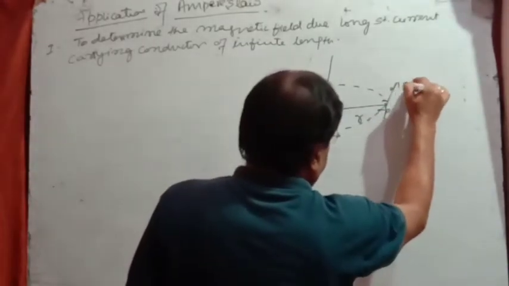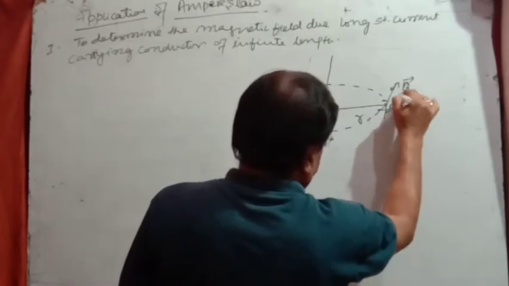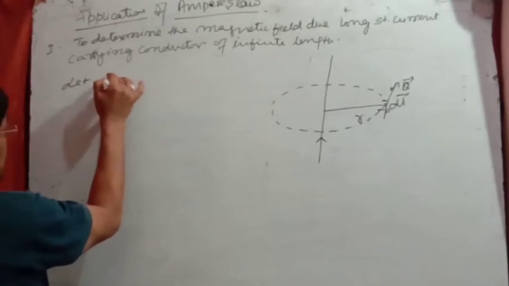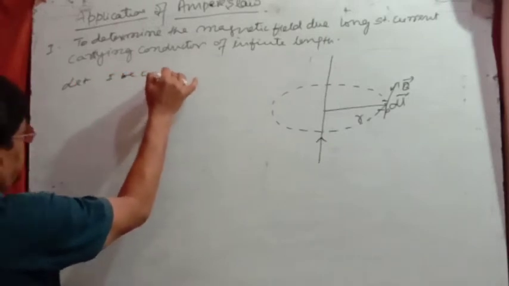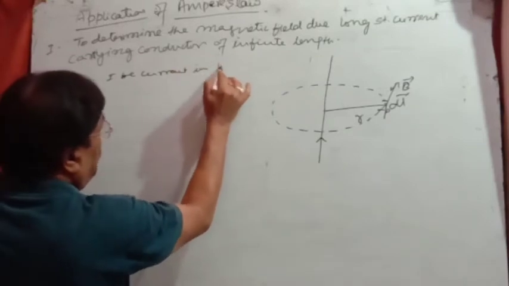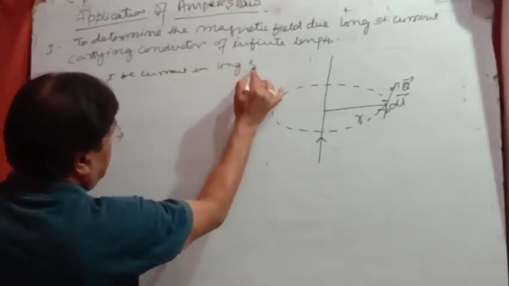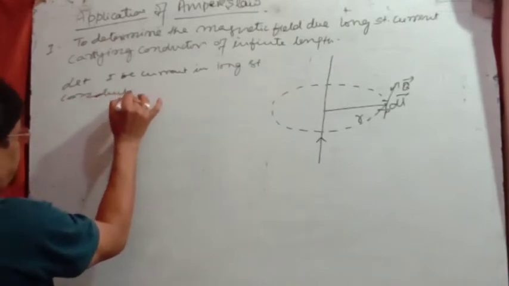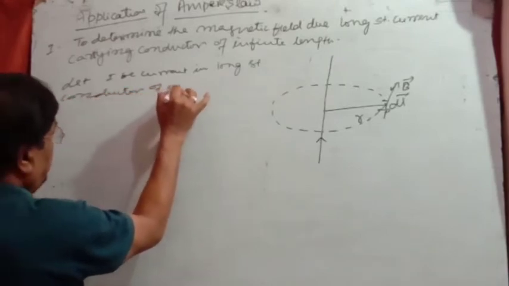So B is there and dl is also. Let I be the current in a long straight conductor of infinite length.